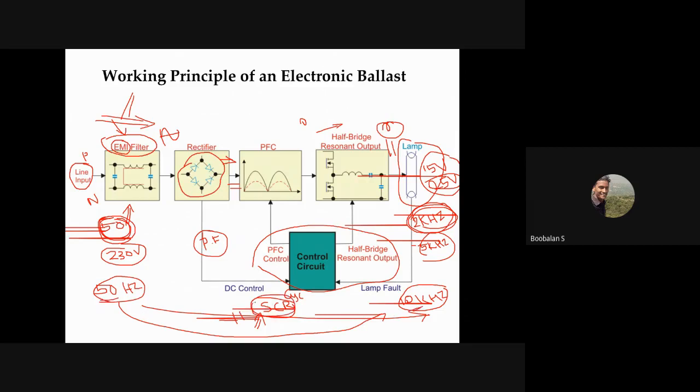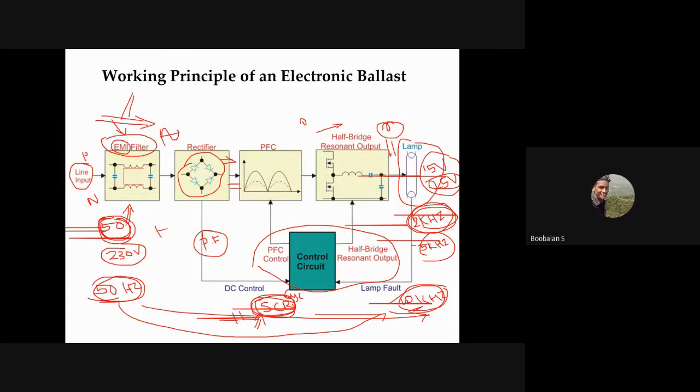turned on, turned off. Due to this, one more effect is introduced, that is called harmonics. Due to these switching transitions, as we convert 50 hertz into a high frequency, due to these switching operations, harmonics are introduced in my network.